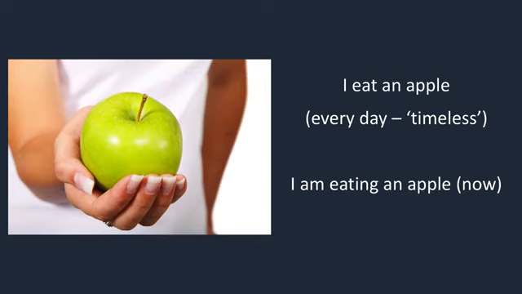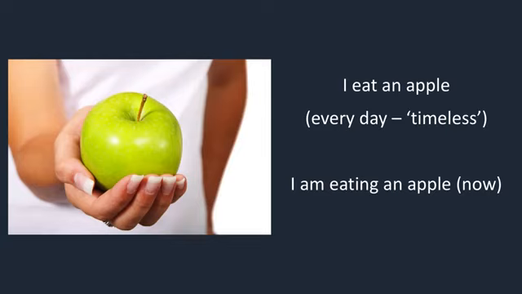So if I say I eat an apple, that means I eat an apple every day. The process is located in a general time frame that started in the past and will continue into the future, but it's expressed in the simple present tense. This is an example of the timeless present.